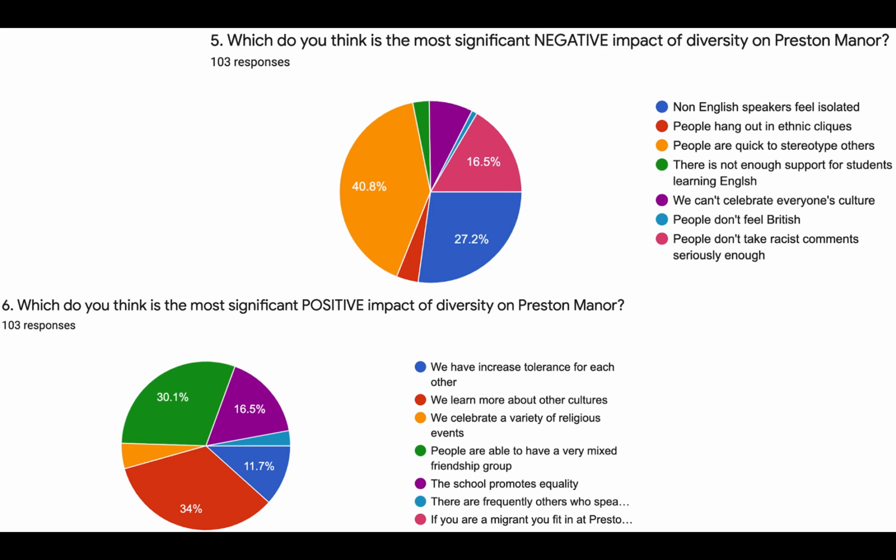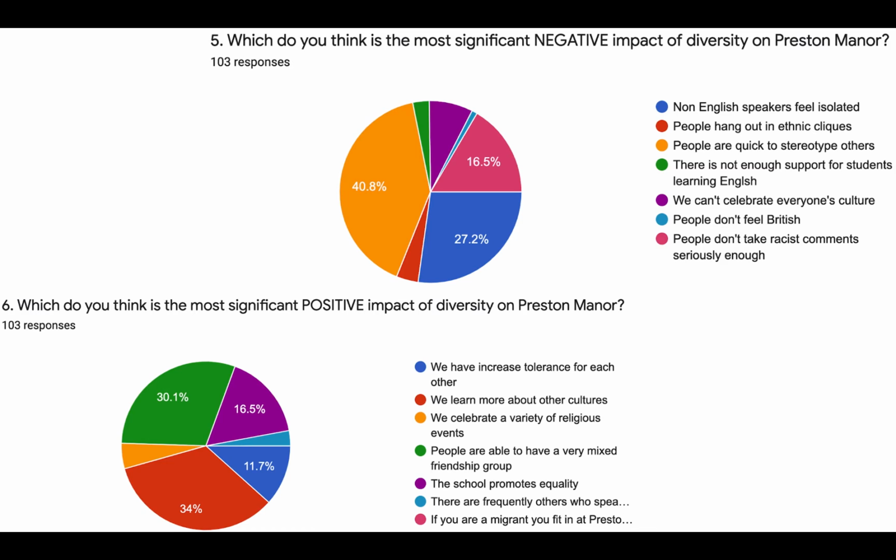If we wanted to look at this in more detail, and we do want to look at this in more detail, we're starting to say what are the kinds of positives and negatives that are mentioned. Although not many people think that overall there is a negative impact, there's an overwhelming segment, 40.8% of respondents, felt that the most negative impact of high diversity on Preston Manor was that people are quick to stereotype others.